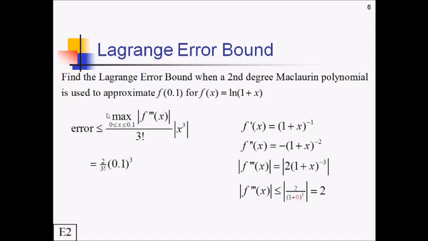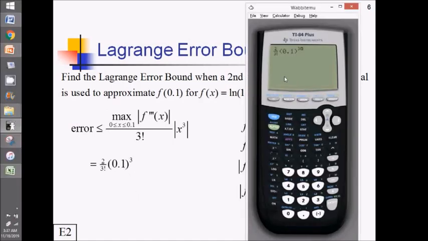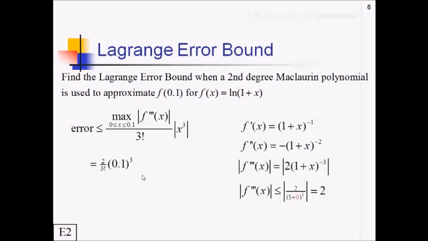So I don't want to keep writing less than or equal to, because then I'd be saying this is less than this thing up here. But now I need to use the calculator. And plugging that in, I get a value of about 3.3333 repeating. So I'm going to call this 3.334 times 10 to the negative fourth, because I'm saying that all this is going to be less than that value. I want an upper bound on my error.